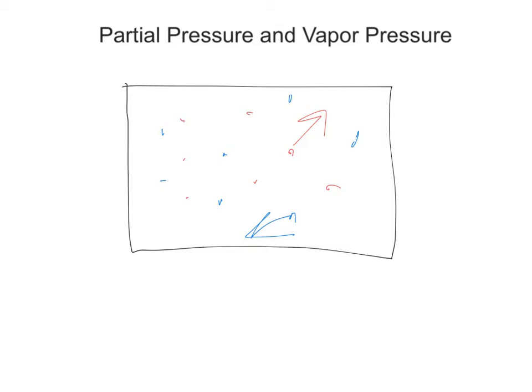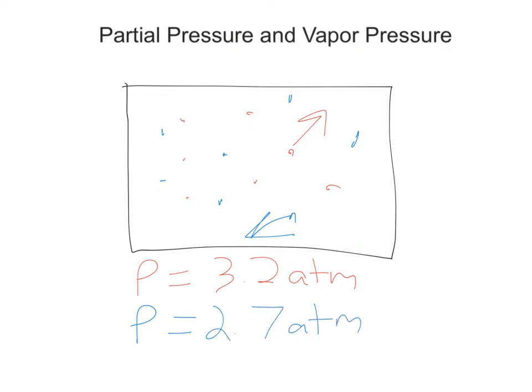So in this sense, when we start talking about the pressure that the container feels, imagine that this container did not contain the blue gas and the red gas had a pressure equal to, let's say, 3.2 atmospheres, and then let's say that we didn't have the red gas, just had the blue gas in there by itself has a pressure equal to 2.7 atmospheres.